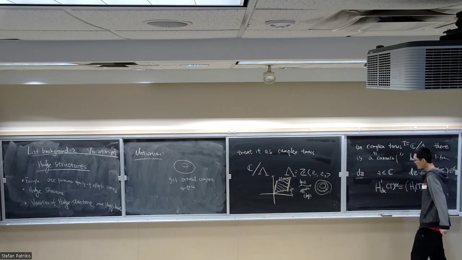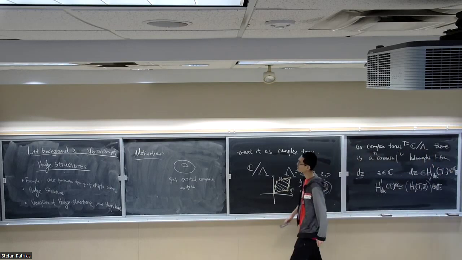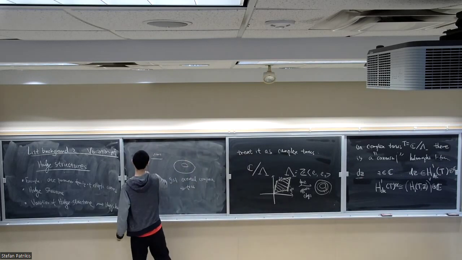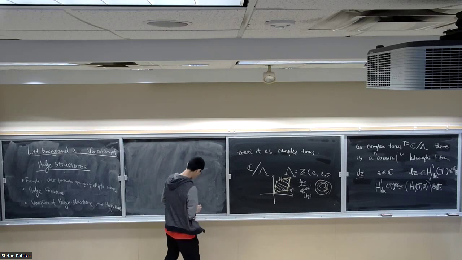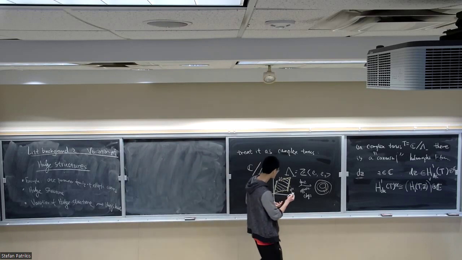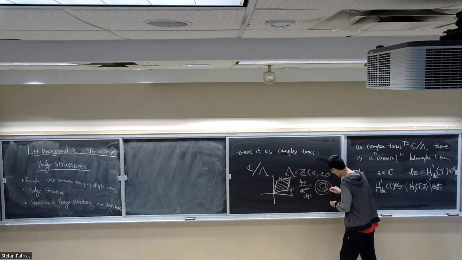So this tells us we can integrate. Let's give the cycles names. This one is delta, the other is gamma.